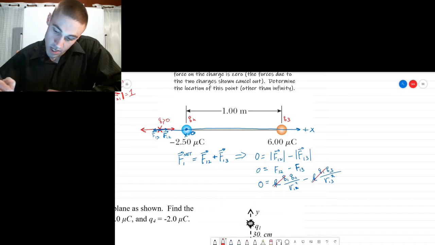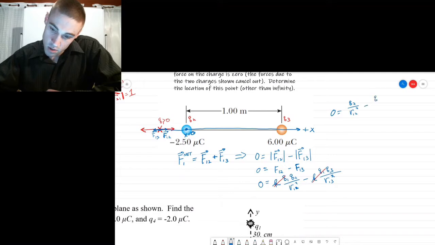And so what I'll have here is 0 equals Q2 over R12 squared minus Q3 over R13 squared. Or in other words, Q3 over R13 squared must be equal to Q2 over R12 squared in order for the forces to cancel each other out.